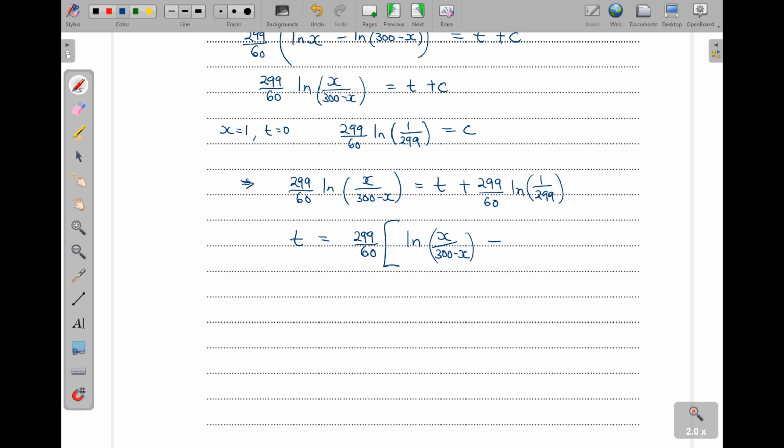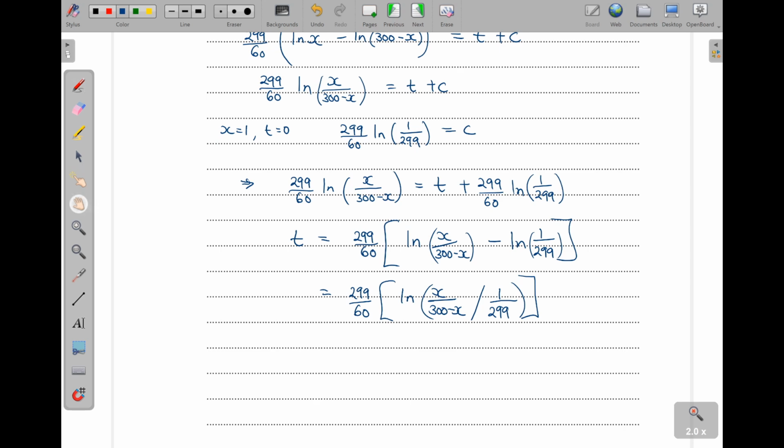Then I will subtract, because this one has crossed over, the natural log of 1 over 299. And then here as a single logarithm, this will be 299 over 60. Then this is subtraction of logarithms, so we are supposed to divide the powers. This will be natural log of x out of 300 minus x, then you divide by 1 over 299, like that.